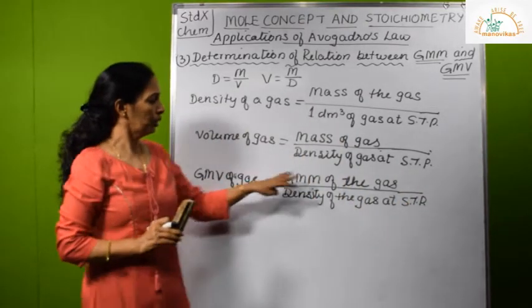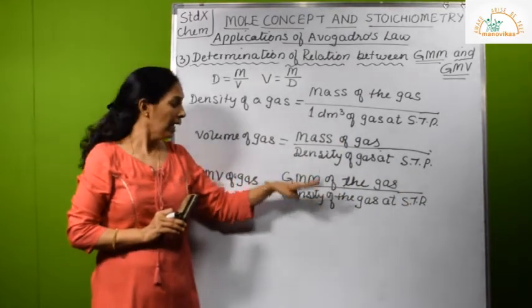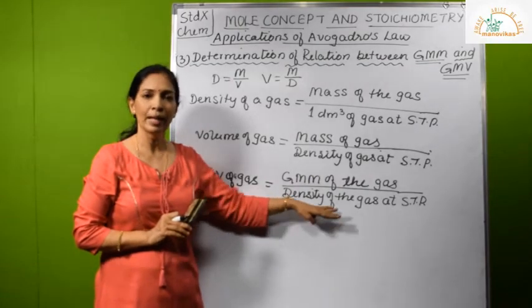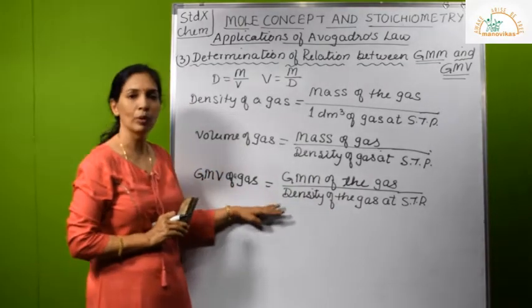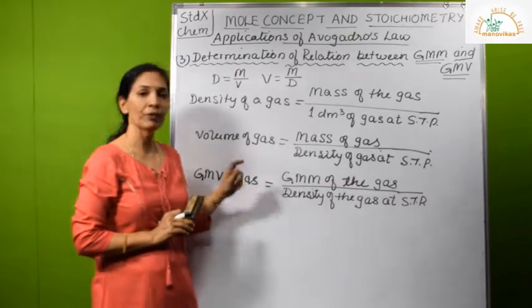So if you know gram molecular mass of the gas and divide it by density of the gas at STP, you will get gram molecular volume of the gas.